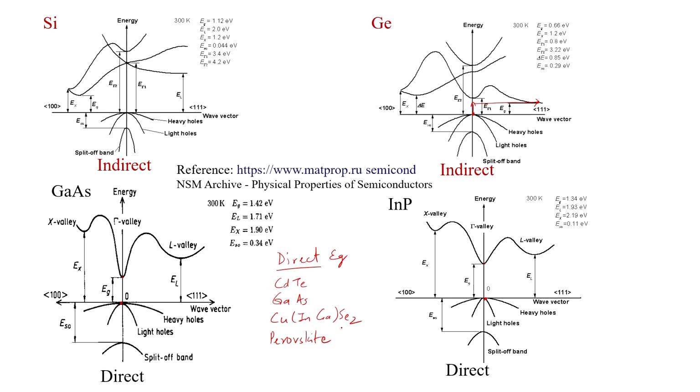Many of these materials that we use commercially in different devices are all direct band gap semiconductors, hence they are better absorbers. The direct result of this is that a direct band gap semiconductor requires lower thickness for light absorption, and indirect band gap semiconductors require higher thickness to absorb the same amount of light.